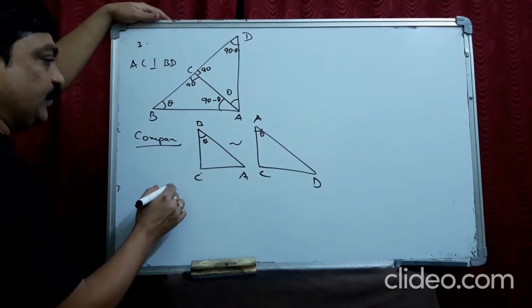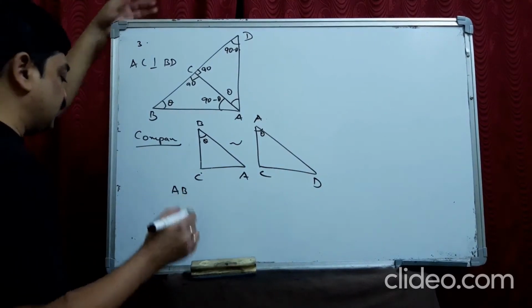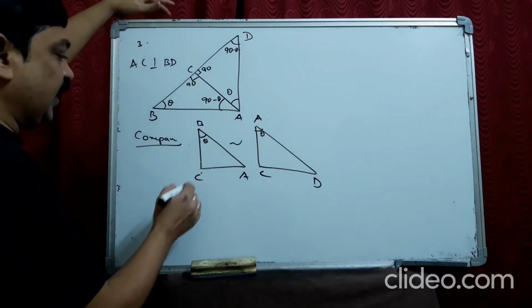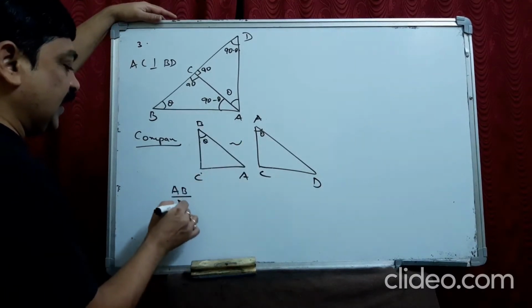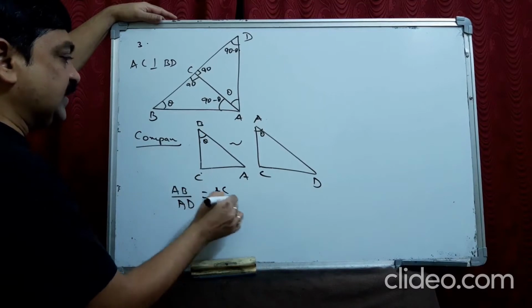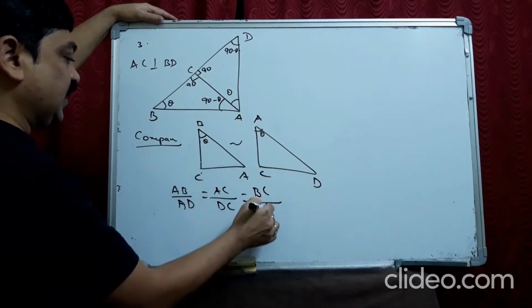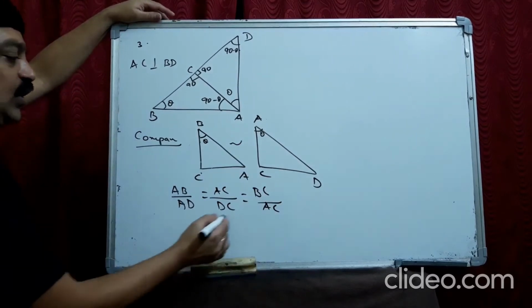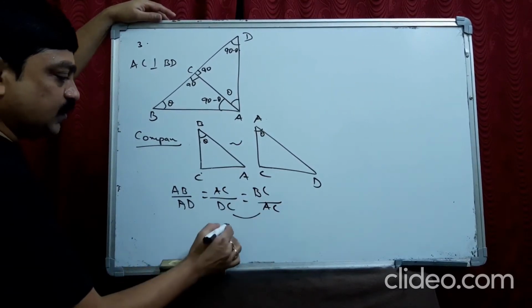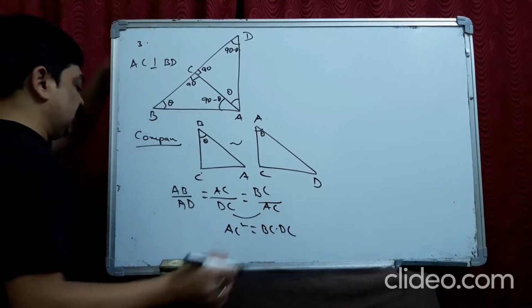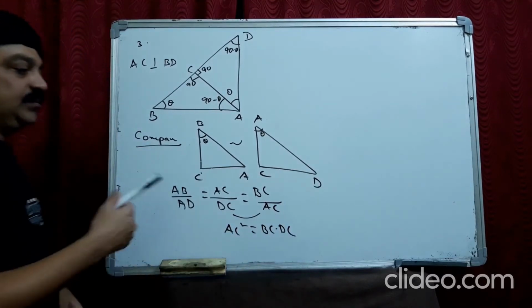Now you are asked to prove what? AB square, BC BD. AB by AD is equal to AC by DC is equal to BC by AC. So if I take these 2, just cross multiply, AC square becomes BC into DC. I think this is the second one.